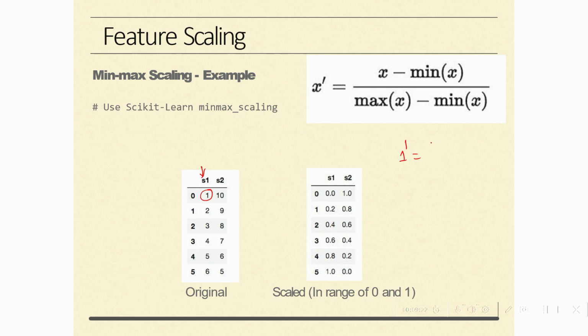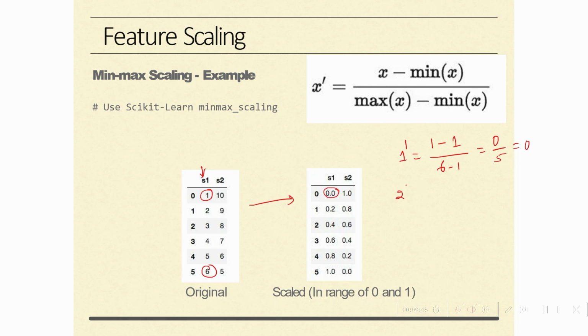It is the initial value 1 minus the minimum of the entire column, which is 1, divided by the maximum value 6 minus 1. That is 0 by 5, which is equal to 0. So after performing normalization scaling, we get the value 0.0.